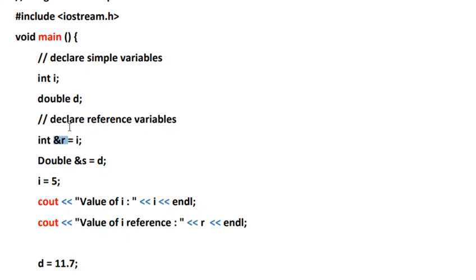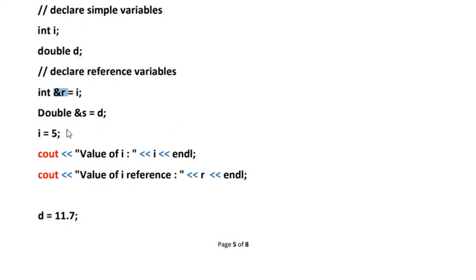These are the properties of the reference variable. The two common properties are that whenever a reference variable is declared it has to be initialized, and it cannot hold multiple references.